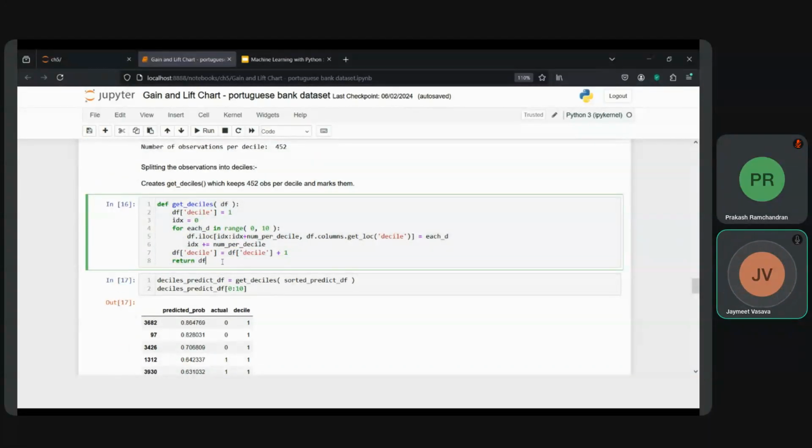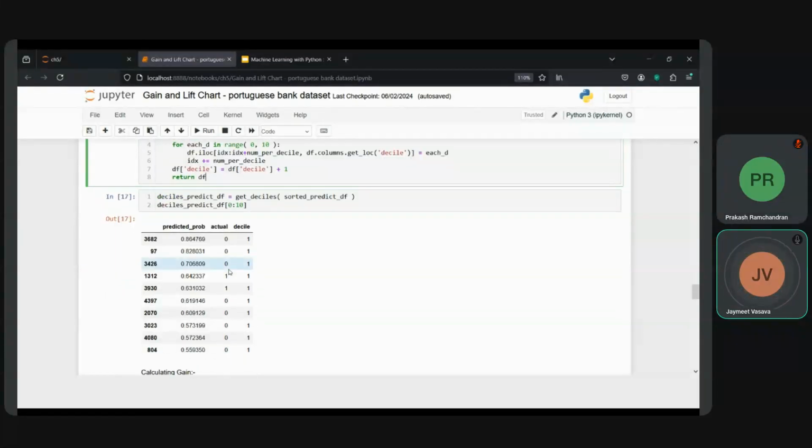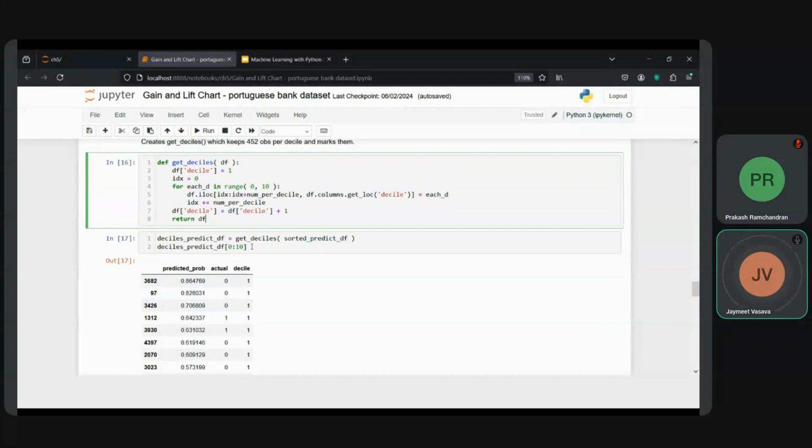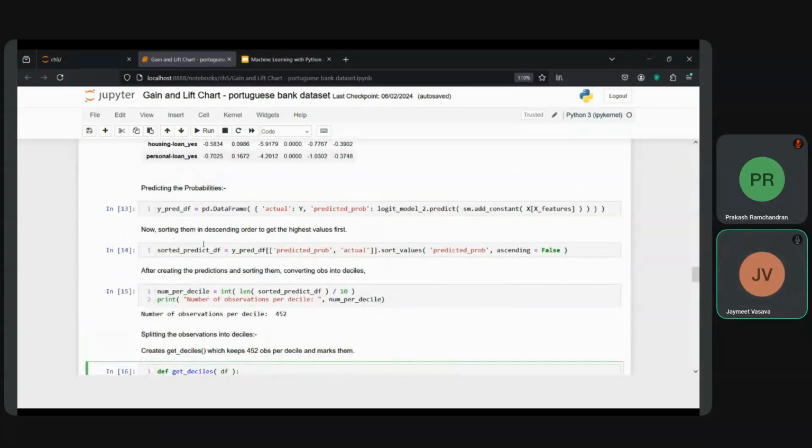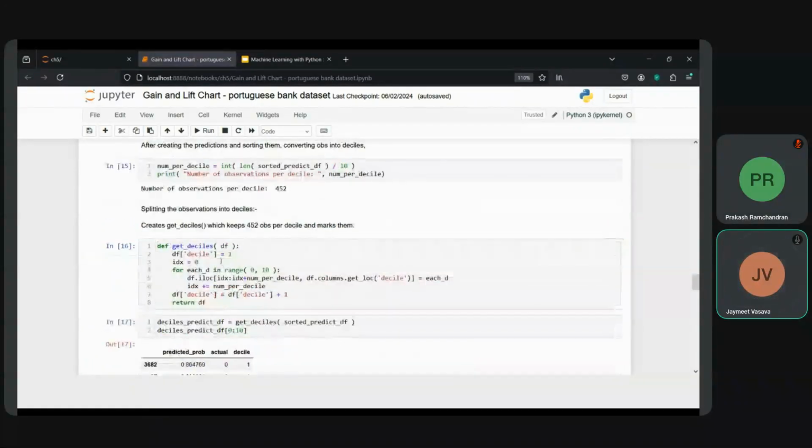This is only to number the deciles according to the positive values that we have gotten from this sorted DF.